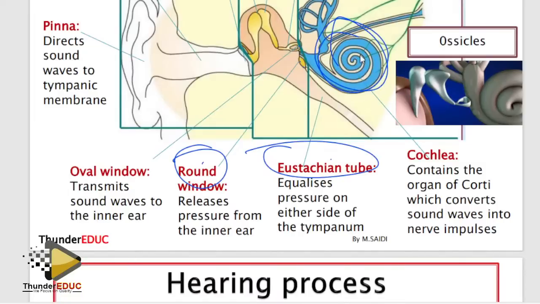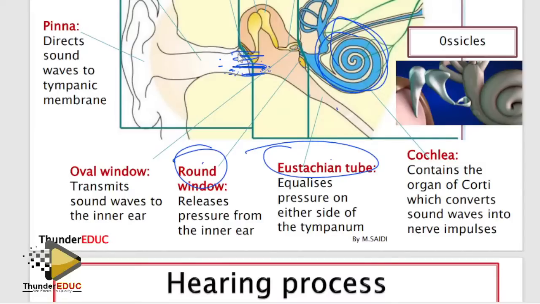I didn't talk about that too much, but the eustachian tube, you need to know, equalizes pressure on either side of the tympanic membrane. How does it equalize pressure on either side of the tympanic membrane? Basically, the eustachian tube allows air to go in and out, so that now the pressure is equalized.